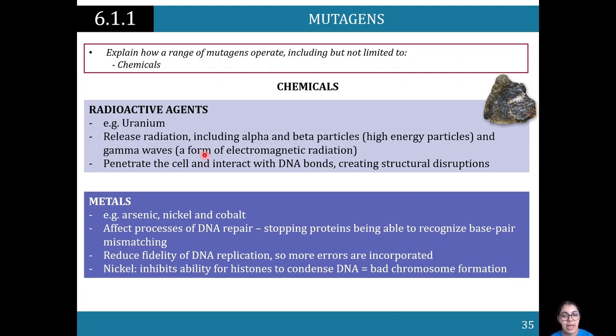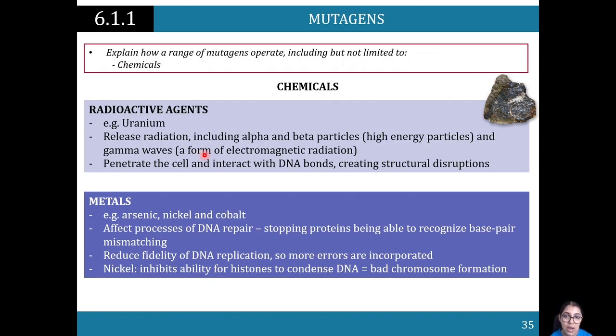But if that repair system is affected, which is the case with metals, they can stop proteins from being able to recognize base pair mismatching. So any incorrect base pair matching is not detected.